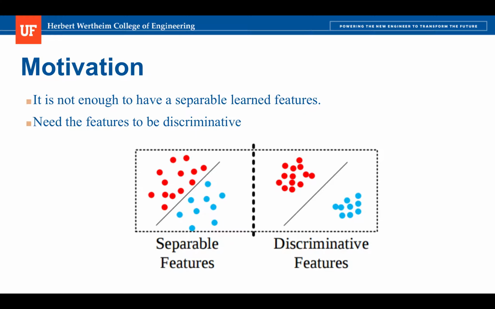So it's only separable. But we want more descriptive features, with a margin as here. So we want discriminative features. That's the key factor to a successful image recognition system.